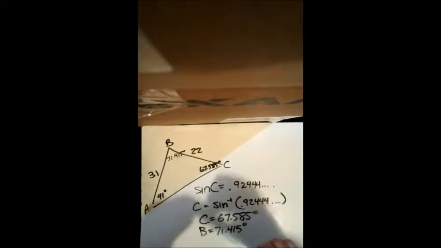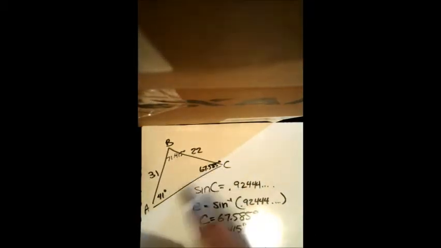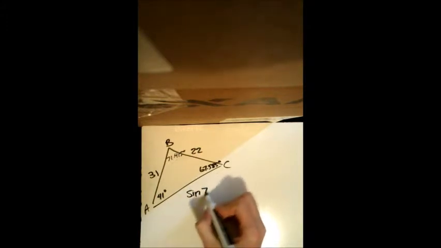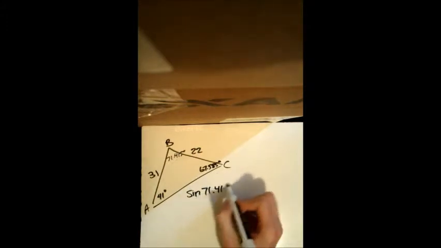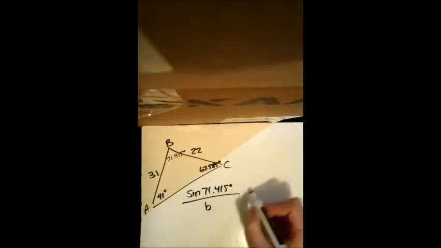But we will have to use the law of sines again because we need to find what this side here is. So I have to set up another proportion using the law of sines. I know that the sine of 71.415 degrees over side B, which I don't know, would be equal to the sine of 41 degrees over side A, which is 22.